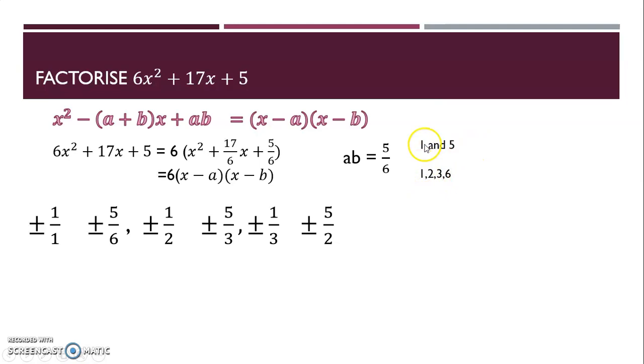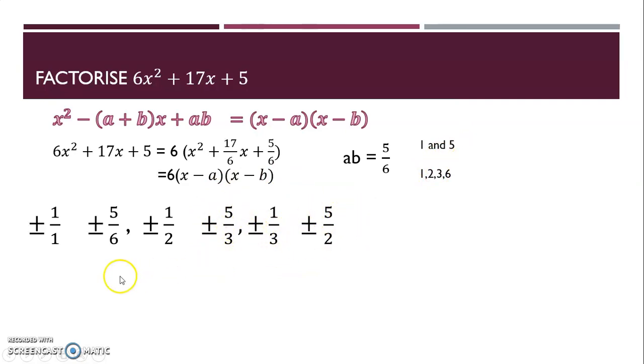Now I'm going to take 1/2 and 5/3, because that will give me 5/6. Or I can take −1/2 and −5/3. Or I can take 1/3 and 5/2. So these are all possible combinations.